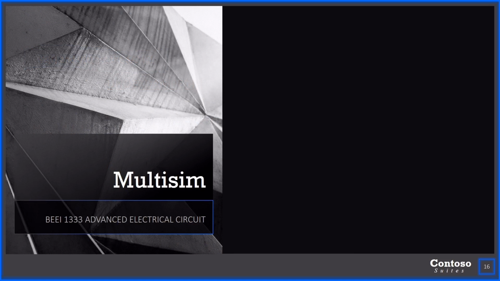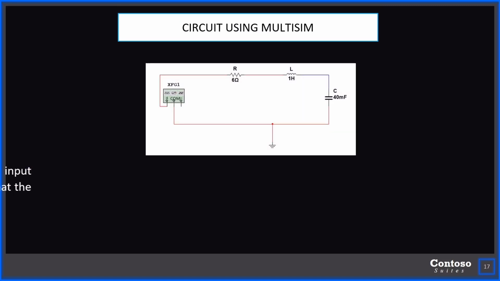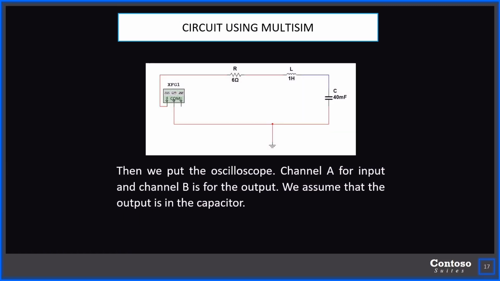Now let's take a look at the simulation that we have done for our smoothing circuit using a simulator called Multisim. We have constructed our circuit in Multisim and we used a few tools in it so that we can better analyze it. One of the tools that we use is an oscilloscope.